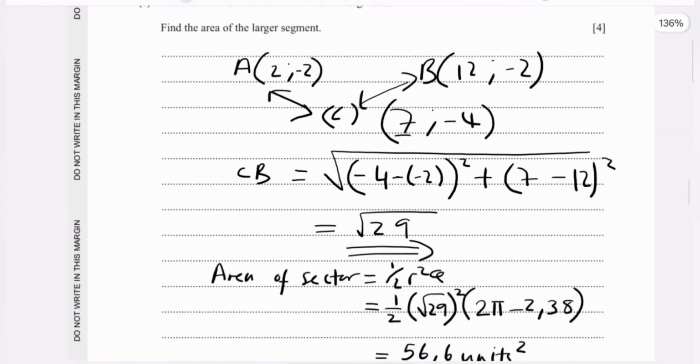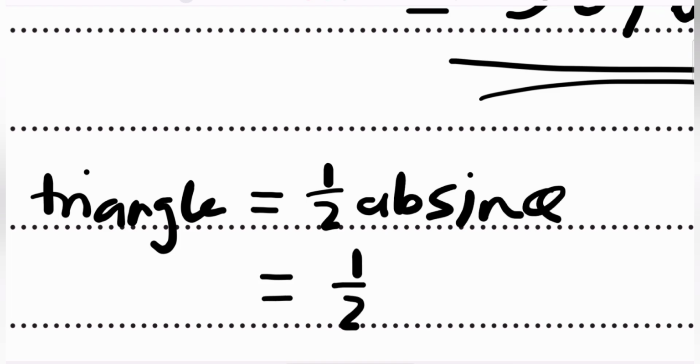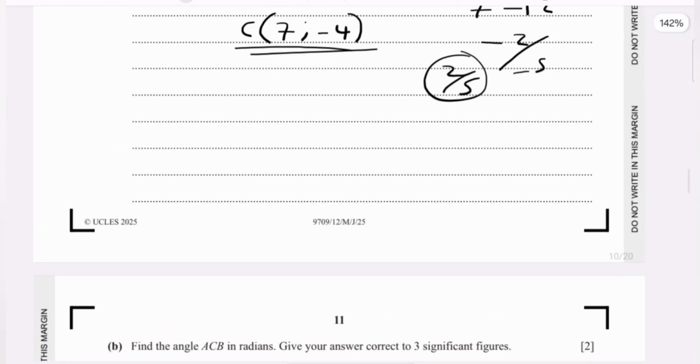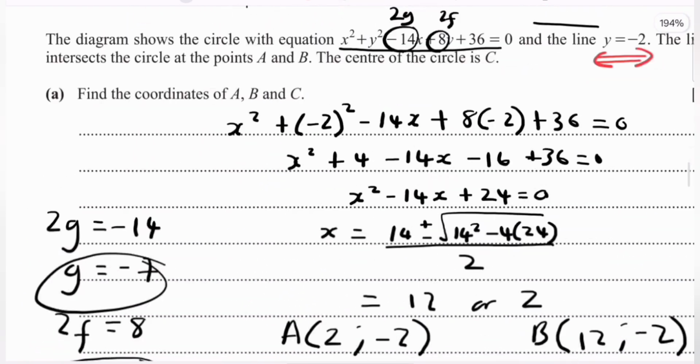So area of triangle equals half AB sine theta, and for A and B, this is root 29 and this is also root 29, and our theta is 2.38.